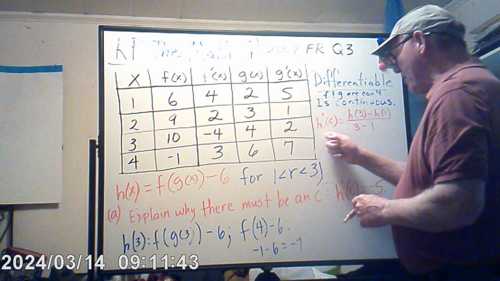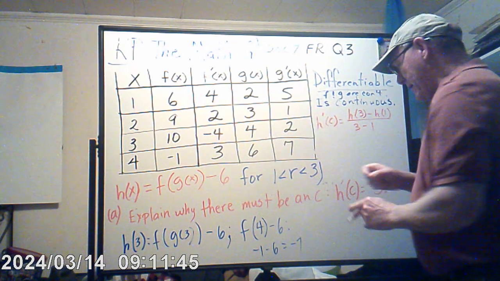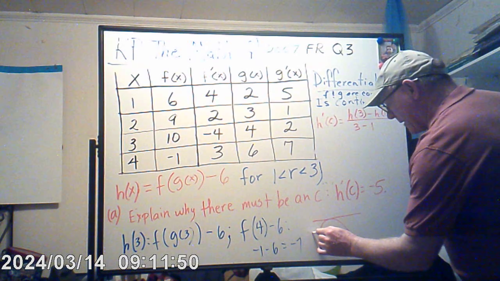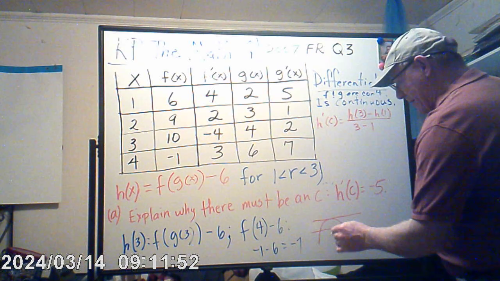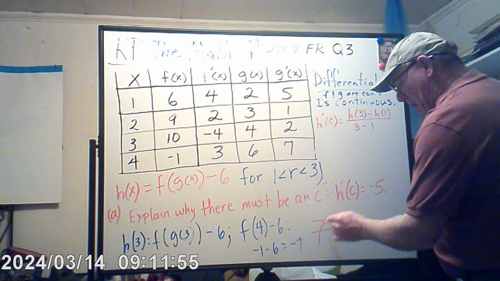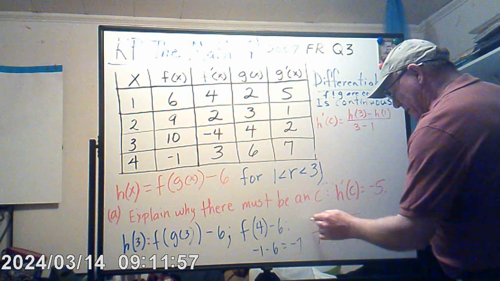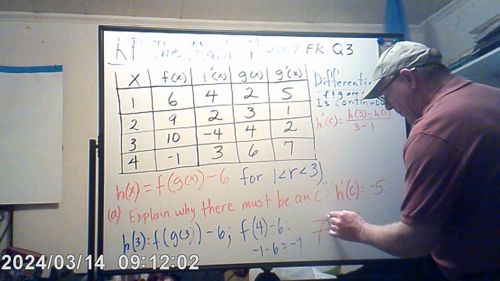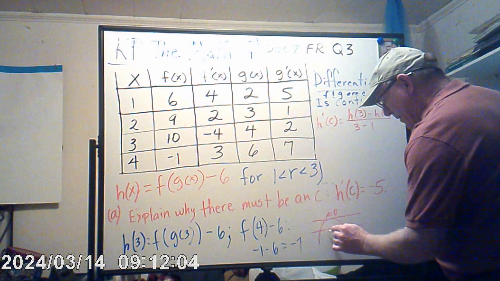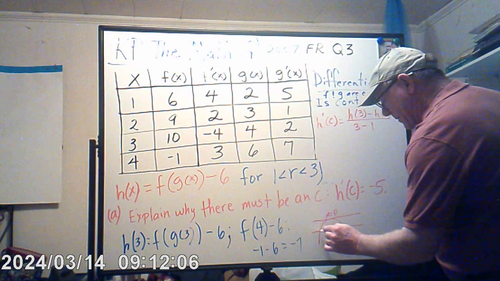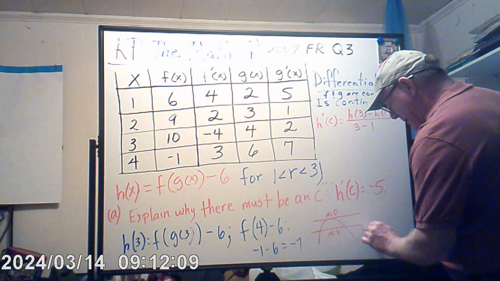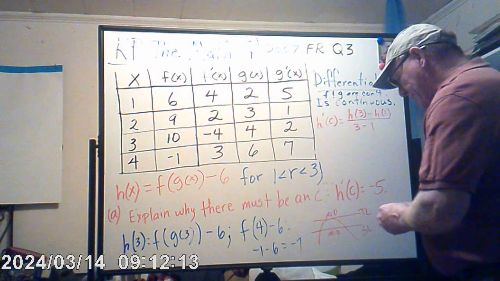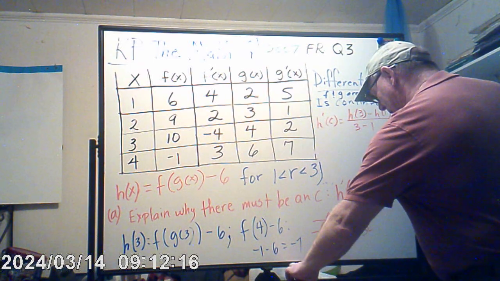Remember, the slope of the tangent line is equal to the slope of the secant line. It doesn't have to be a horizontal tangent, it could be anything. But if this slope is 0, then this slope is 0 too. This is the secant line, and this is the tangent line. That's what we're talking about here.